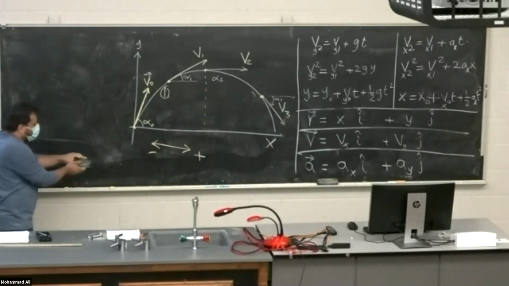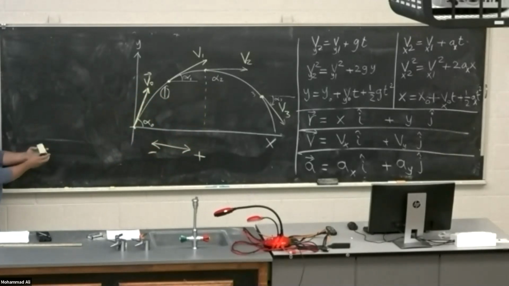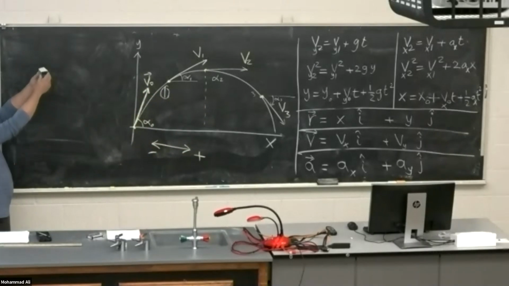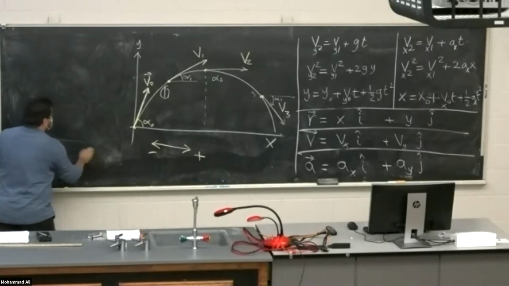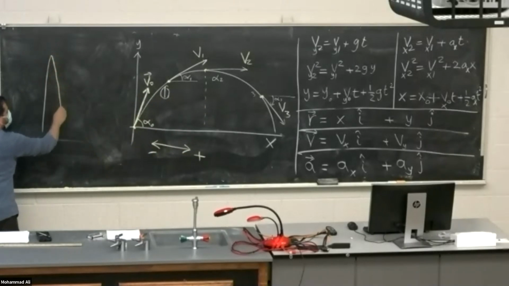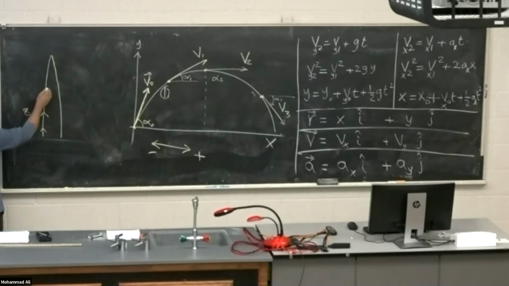You can see when I throw this, the velocity comes to be 0 at the highest point. If I start, for example, with 10 upward, here it will be 8, then, for example, 5, 2, 1.